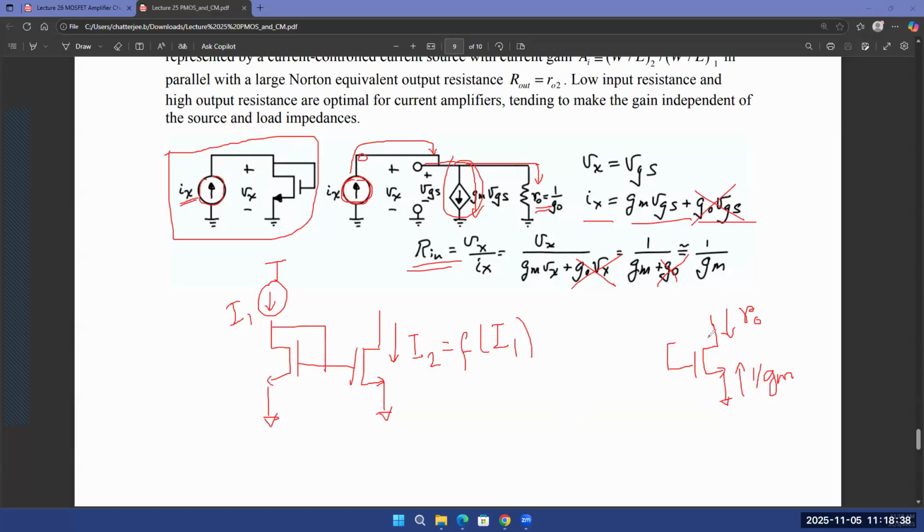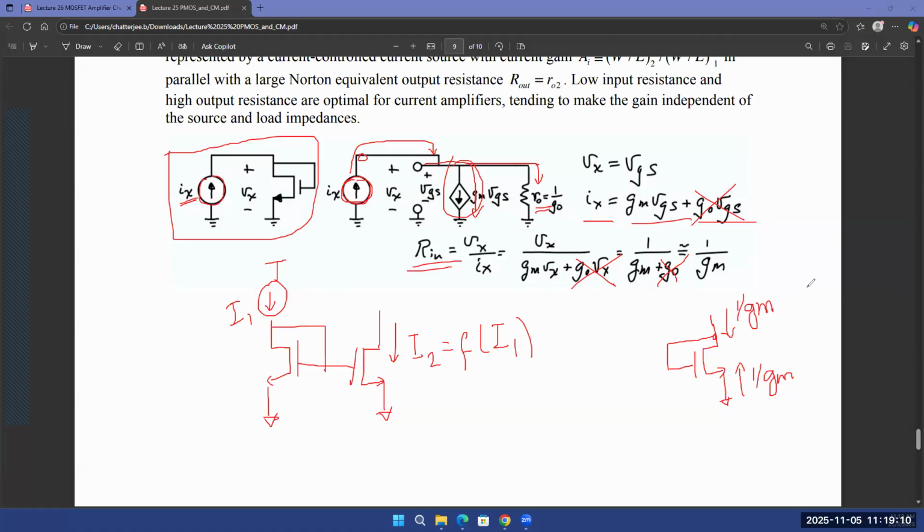So if you are doing the diode connected transistor, in that case, instead of RO, even if you are looking at the drain terminal, you'll be seeing a resistance of 1 upon gm. When we talk about the scenario that when you look into the drain terminal of a transistor you see RO, and when you look into the source terminal you see 1 upon gm, I said that there is one exception to that rule, and this is that one exception.